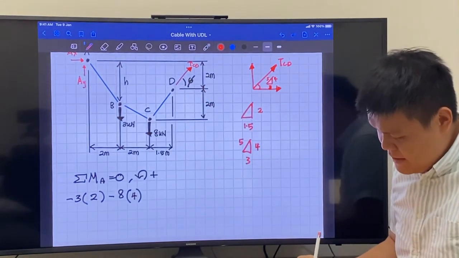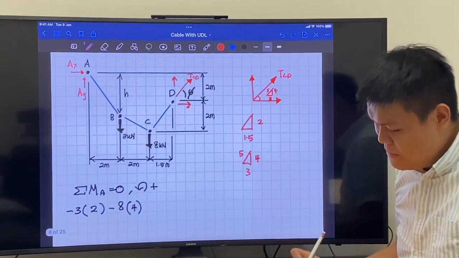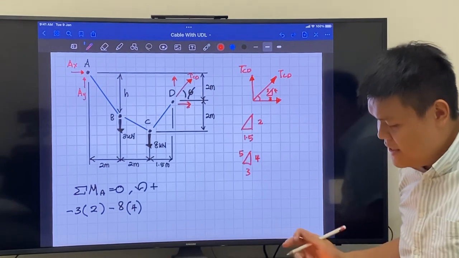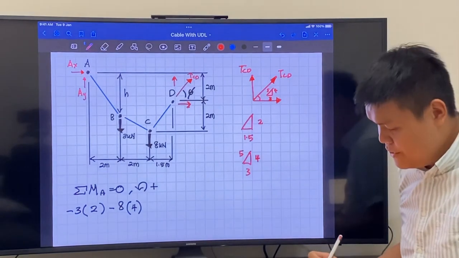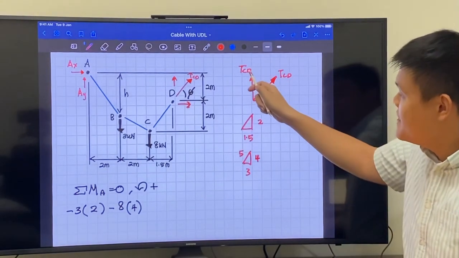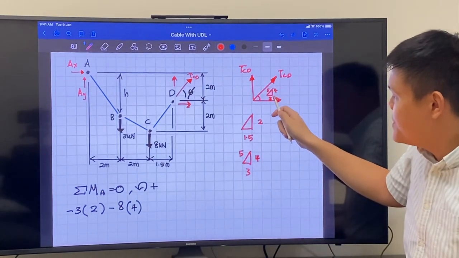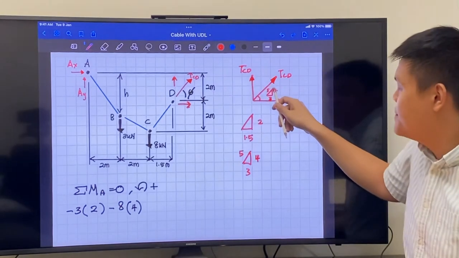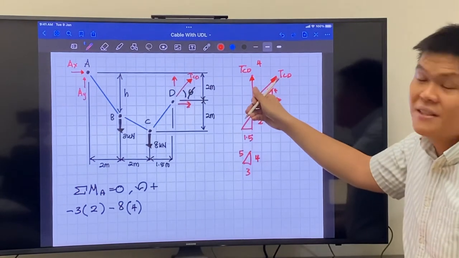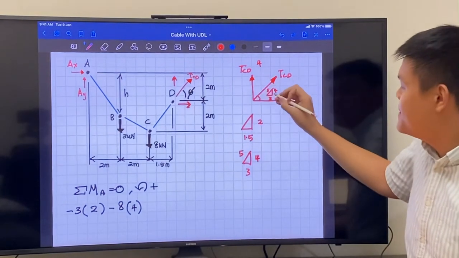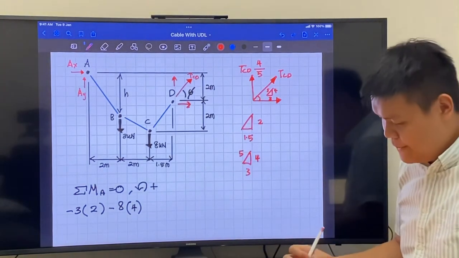Like I said, D has 2 components. So what are these components? This one is TCD, not sine and cosine anymore, because we're dealing with ratios. To get TCD, you get the component which lines up with TCD, which is 4 here. You put 4 on top, and you take the hypotenuse, which is 5, and put it at the bottom, so 4 over 5.